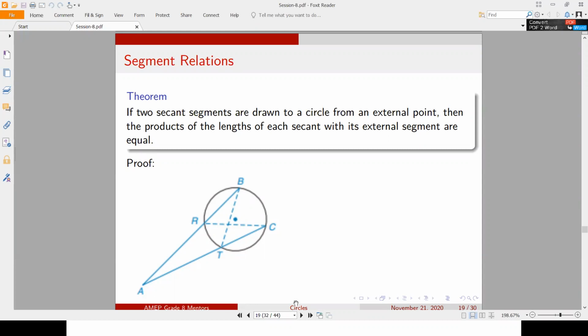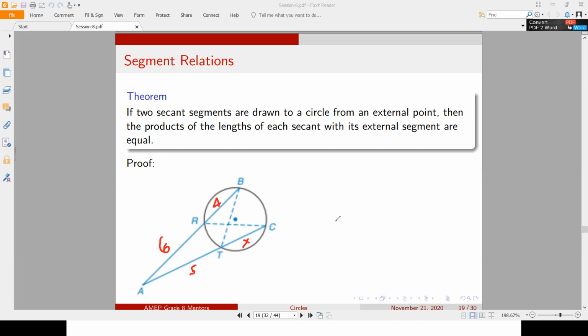Ano ibig sabihin ko? Example, we have this is 6 and this is 4. This is 5. This is x. Okay.